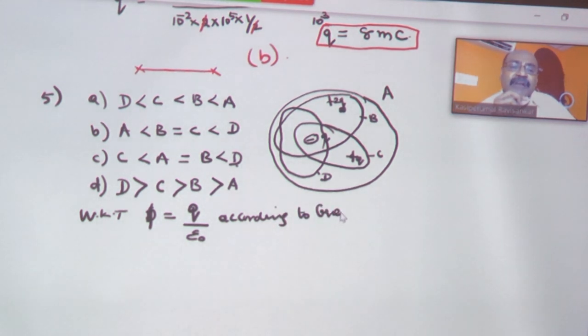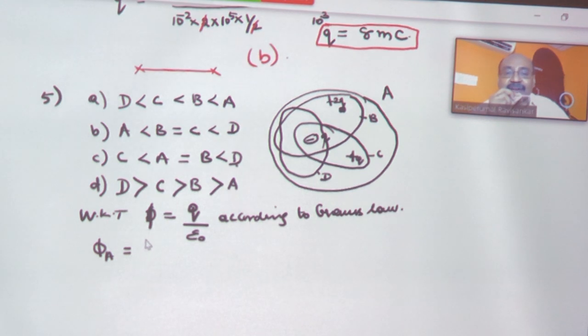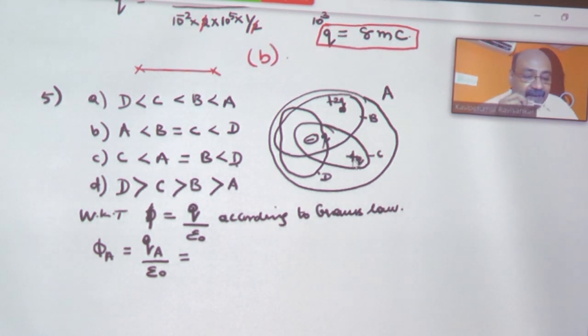First, I am calculating the flux for the surface A. For that, we have to calculate the total charge in surface A divided by epsilon 0. What is the total charge available in surface A? Surface A includes plus 2q, minus q and plus q. So you have 3 charges.